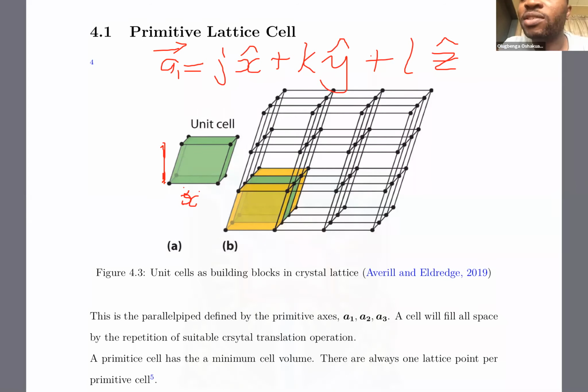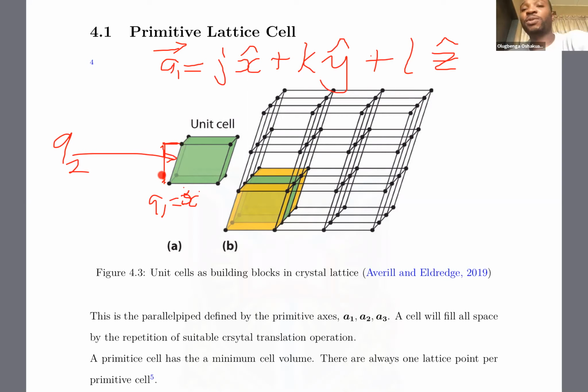So it's convenient to call this line our A1 axis, and this particular line our A2 axis, and our A2 axis is having components of x and y.